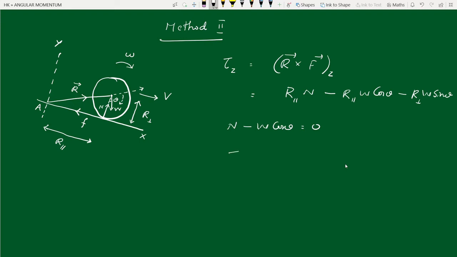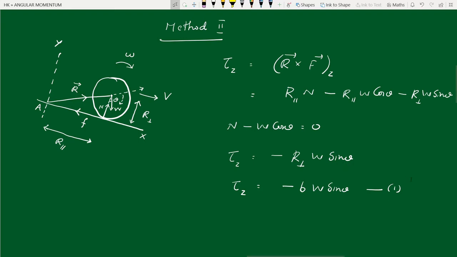So the torque about the z axis about the origin A is minus r perpendicular W sin theta, and this r perpendicular is nothing but the radius of the cylinder or the drum. So minus b W sin theta. Let us call it equation 1.